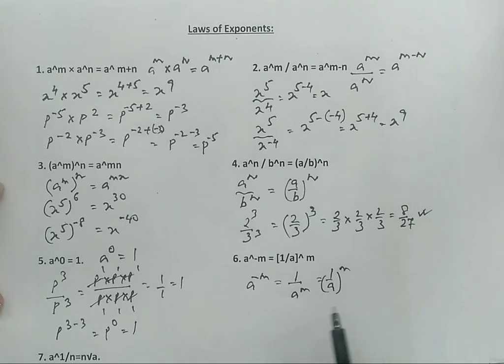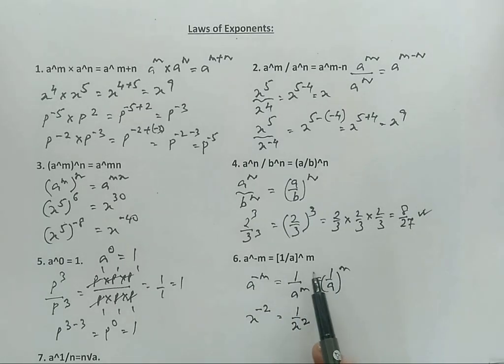All right. So whenever there is a negative power, say if I give you an example, x to the power minus 2. It means what? X to the power 2 in the denominator. This will become positive. There are questions, guys, when they will ask you to give answers in a positive value of exponent.